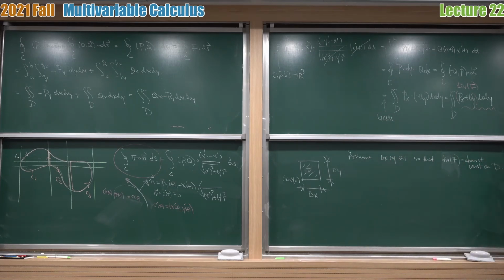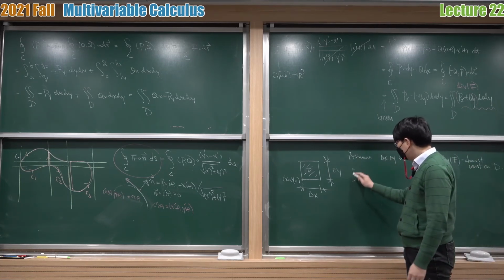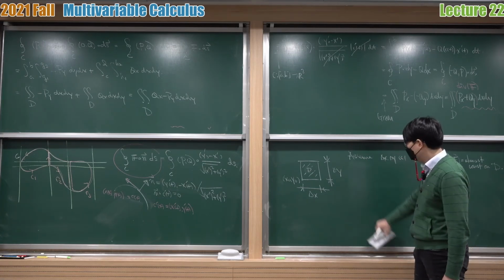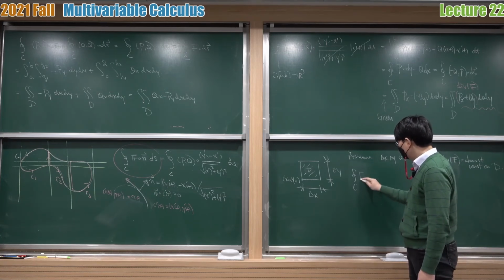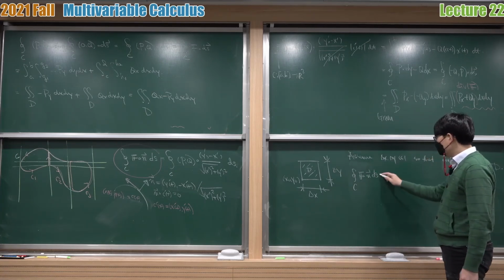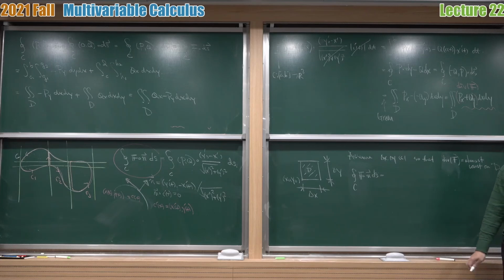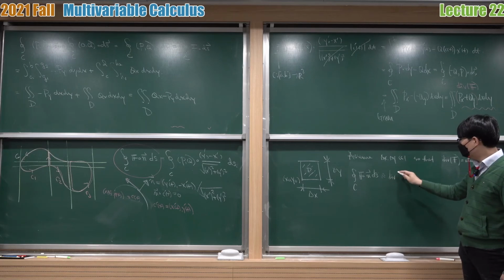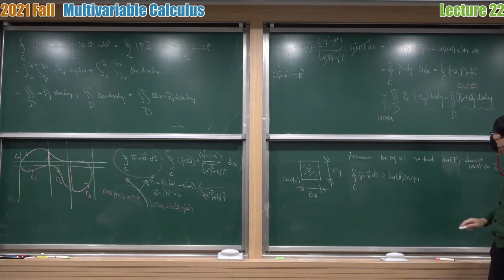All right? So then, what do we get from this flux? Flux is, by this argument, almost equal to the divergence of F at x0, y0 times what?